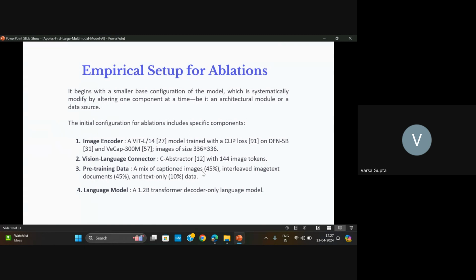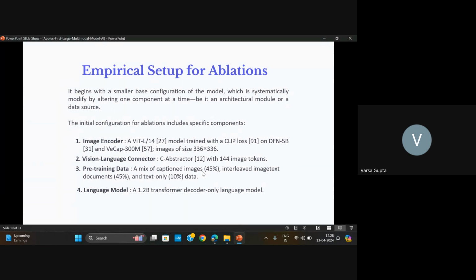To build the large language model, a small base configuration of the model was considered. On top of this base configuration, a systematic modification of one component at a time was done, and then the final recipe of the model was prepared.